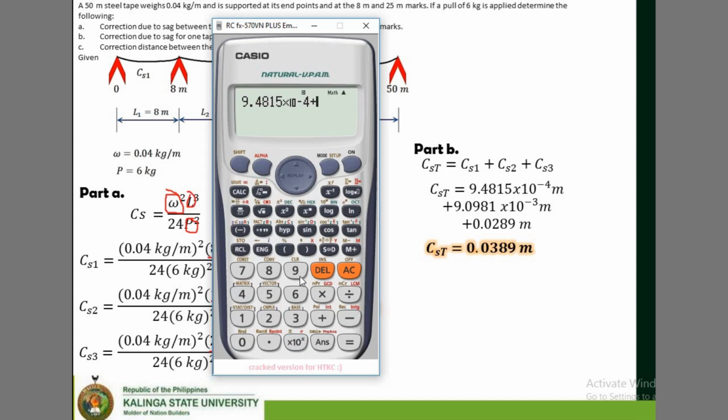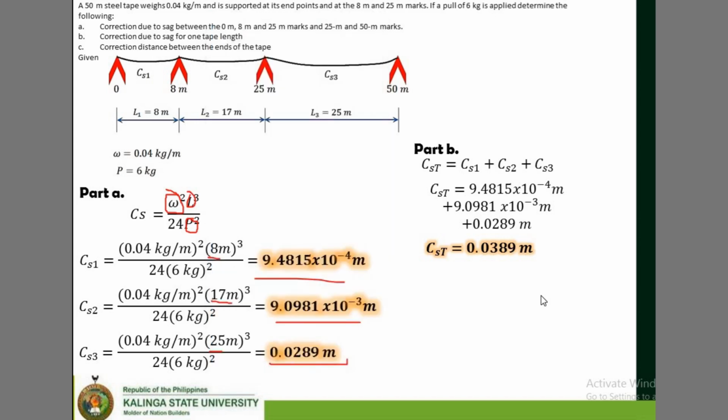Right? Plus 9.0981, again, exponent of negative 3. Plus 0.0289. So, my answer here is 0.389 meters. That is how you solve this problem.